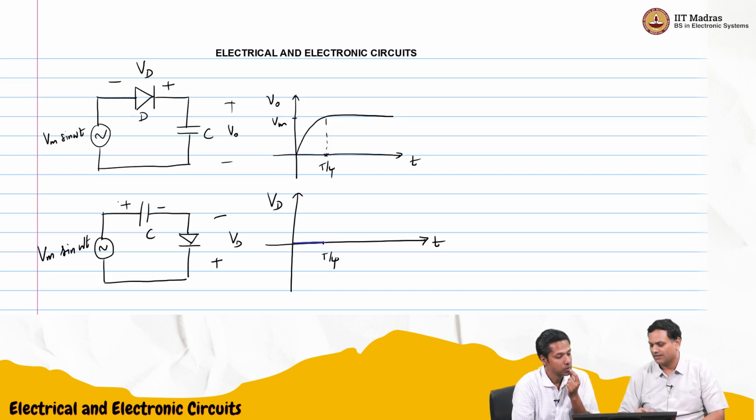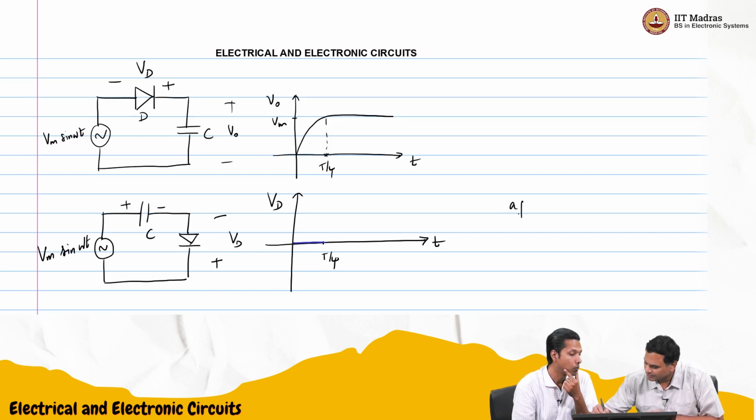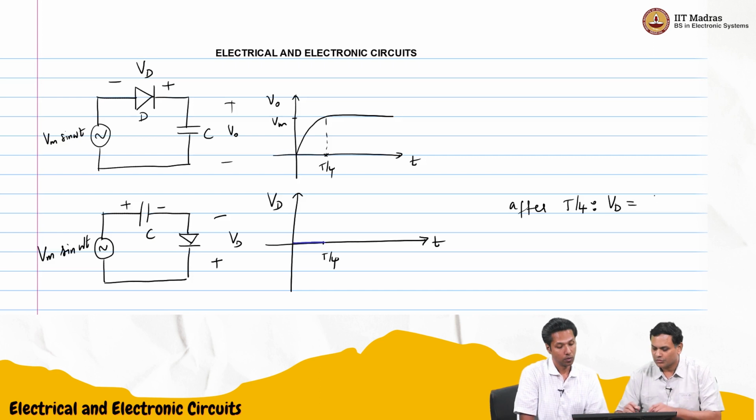Then onwards the diode is reverse biased, and in fact, after that, it just stays reverse biased. Which means the voltage across the diode after that, can I write KVL? There is no current.